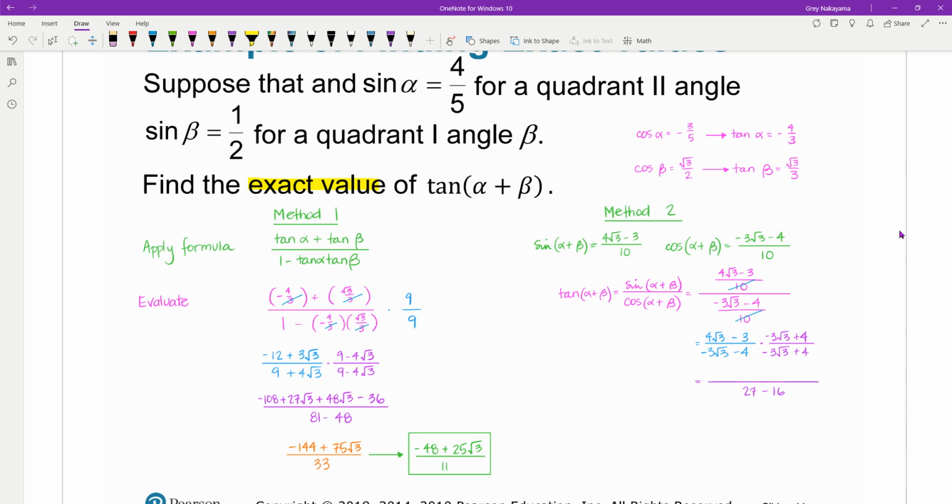And on the top, if I FOIL, first terms gives me negative 12 times 3. Outside gives me 16 square roots of 3. Inside gives me 9 square roots of 3. And last gives me minus 12. And when you bring all that together and simplify it, you get minus 48 plus 25 square roots of 3 over 11, which is exactly the same thing.